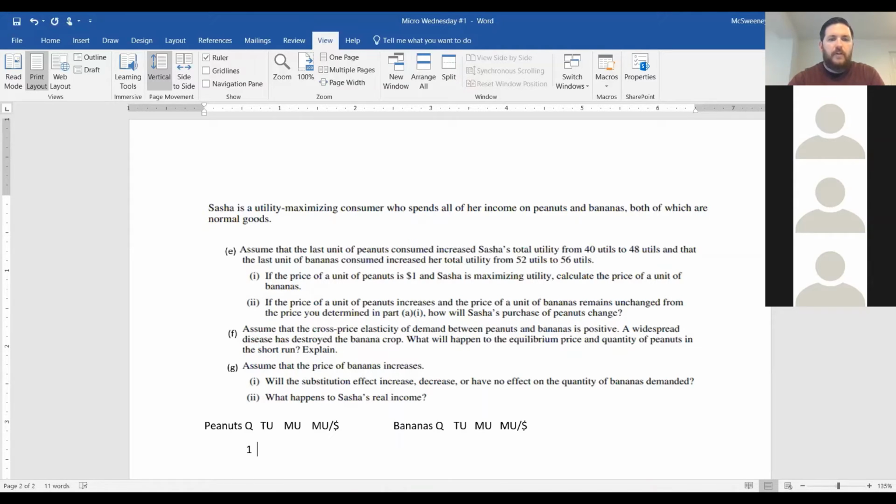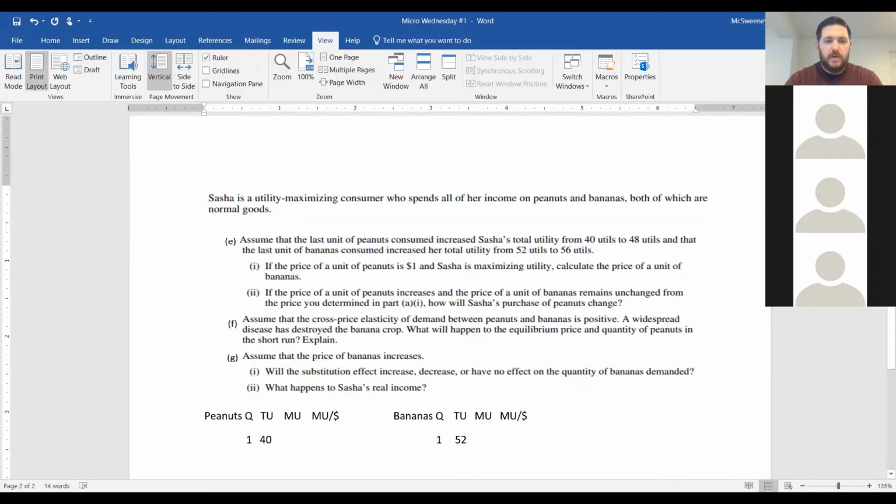We know that the first peanut is going to give us 40 utils. We don't know the marginal utility or the marginal utility per dollar spent. Now bananas: the first one is going to give us 52 utils. Don't know the marginal utility, don't know the marginal utility per dollar spent.